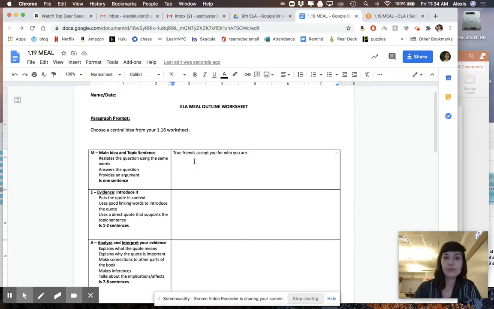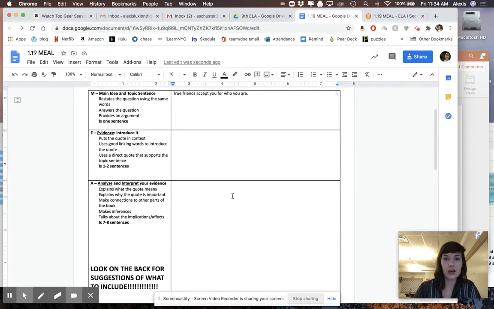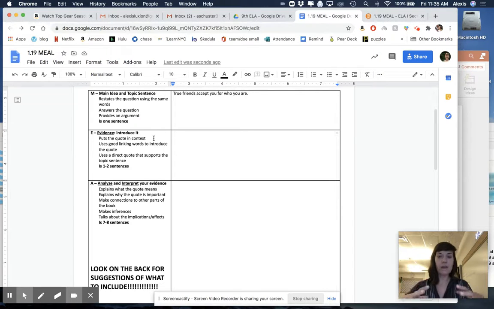I've got my central idea here, so now I'm going to move on to my evidence. Let me read through what I have to do before I start writing. I need to put the quote in context. What does that mean? That means I need to talk about what's happening in the story at this time before I give the quote.